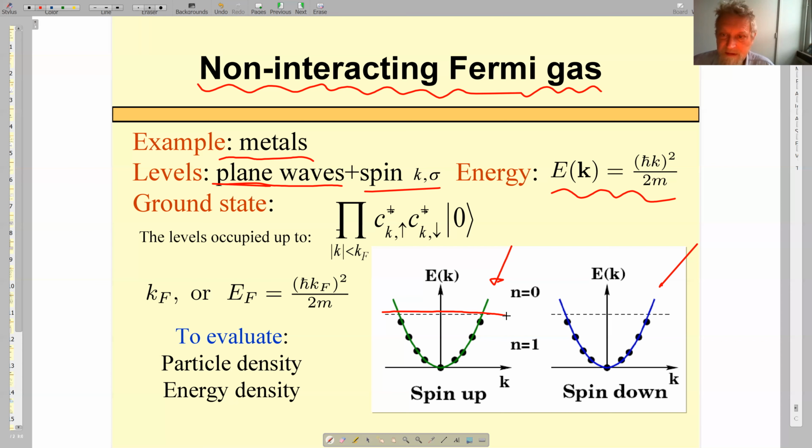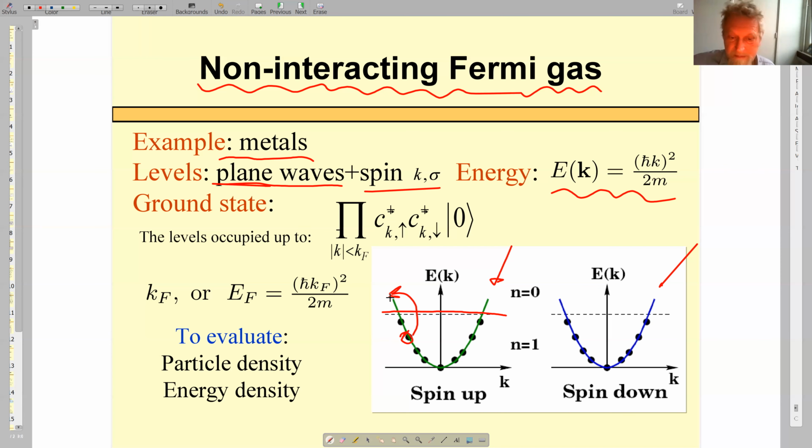So how to see that this is the ground state? Let us try to change something in the state and see whether we increase or decrease the energy. Since the number of electrons is conserved, the only change we can make is to take an electron from a filled state and put it here.